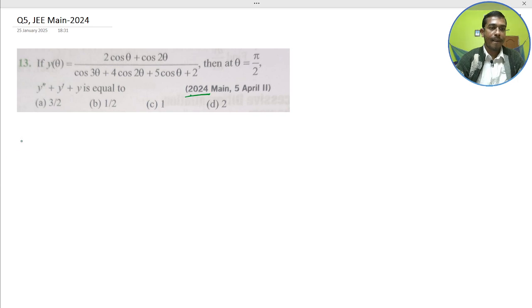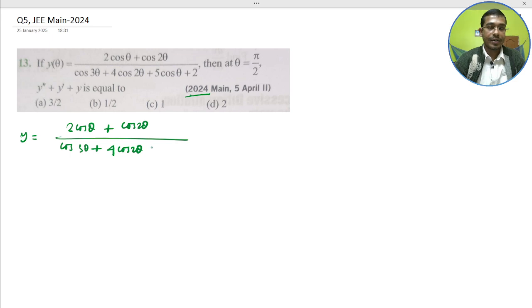So, given y equal to 2 cos theta plus cos 2 theta with the denominator cos 3 theta plus 4 cos 2 theta plus 5 cos theta plus 2. Here we use the cos 2 theta and cos 3 theta formula.